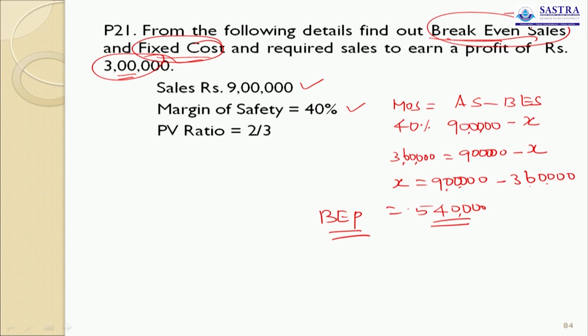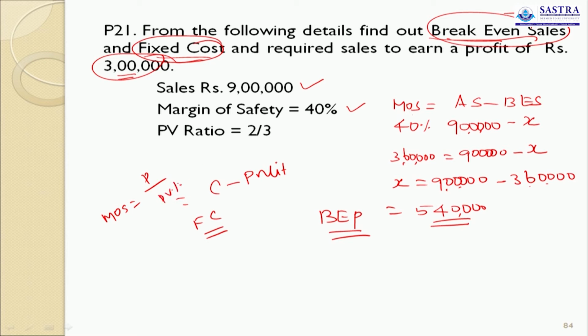Fixed cost, what is fixed cost? Fixed cost is equal to contribution minus profit. Here, how can we find out margin of safety? Margin of safety is equal to profit divided by what?